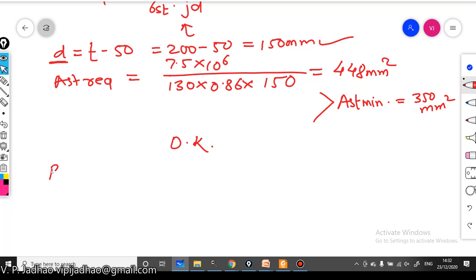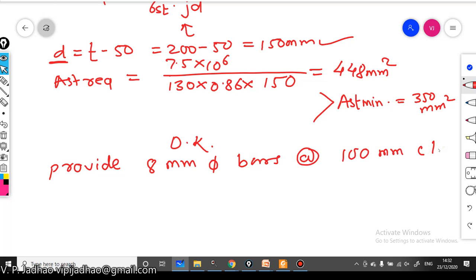Let us provide 8 mm phi bars at 100 mm center to center. How was the spacing calculated? Spacing is equal to the area of an 8 phi bar, that is pi by 4 into 8 square, multiplied by 1000, divided by AST provided.